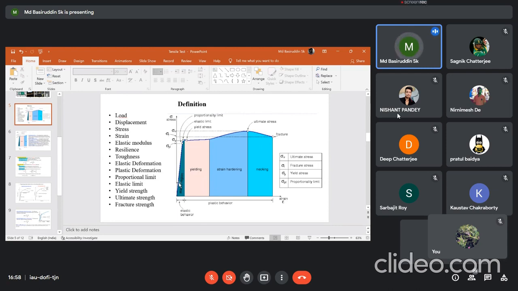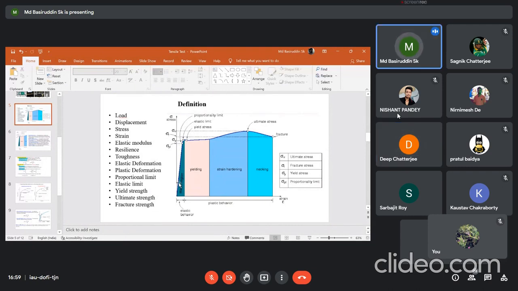So if I want to calculate the energy, what will be the governing equation? Yes, the resilience, the elastic energy: half sigma into epsilon. The epsilon will be the strain up to the yield stress region, and sigma will be the yield stress value.